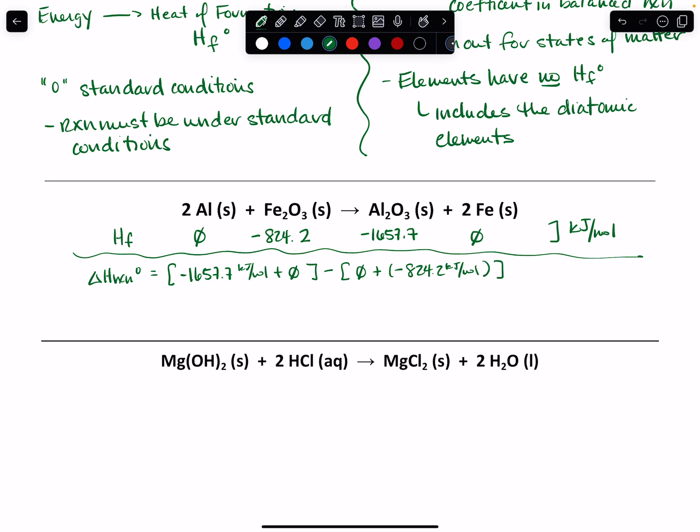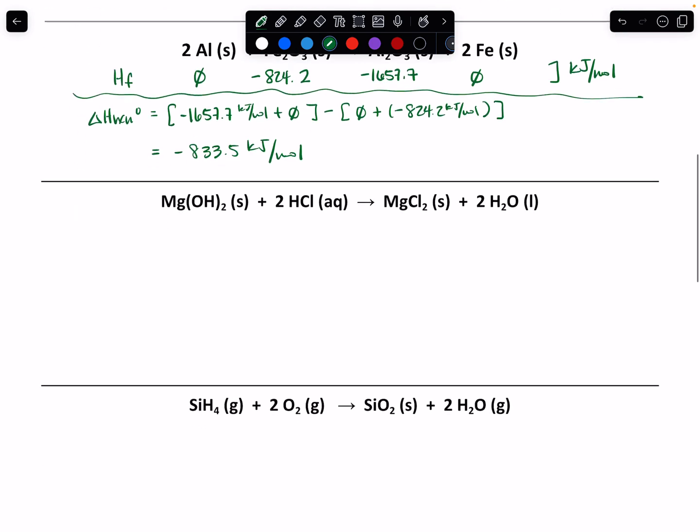All right, I'm going to subtract them, and I'm going to end up with negative 833.5 kilojoules per mole. So when this reaction runs, it should release 833.5 kilojoules for every mole that is reacted. All right, let's try this next one.